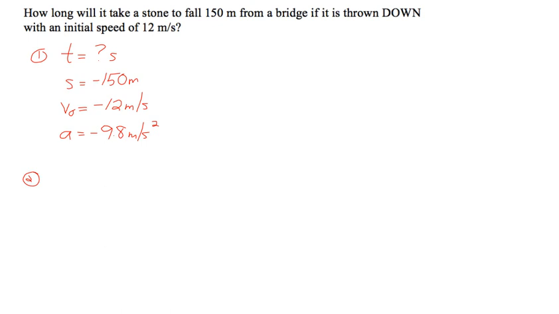Final velocity. So if final velocity is the only fact I don't have down, I want to pick the one formula that doesn't have final velocity. And that's what? S equals VOT plus 1/2 AT squared.